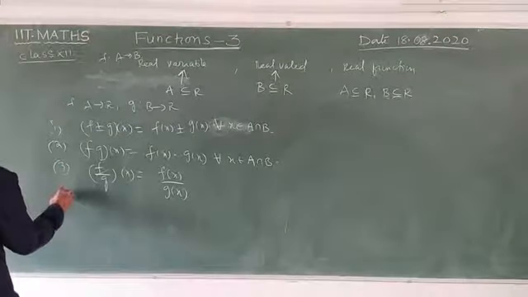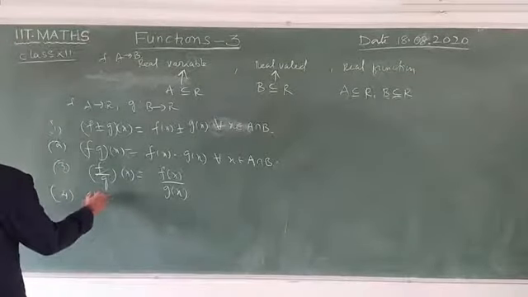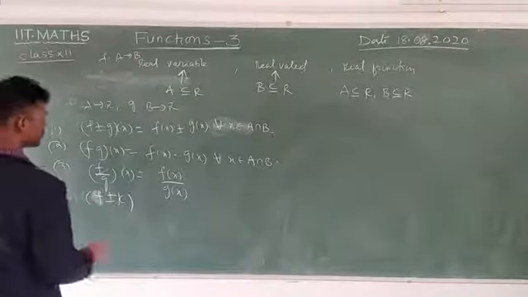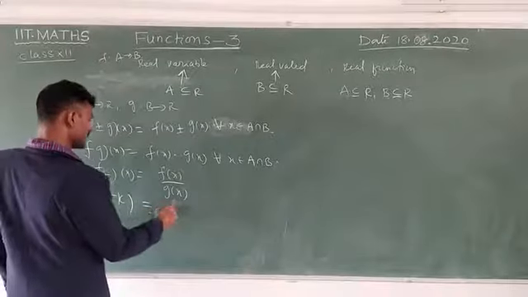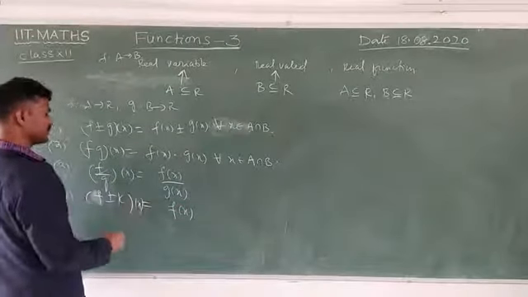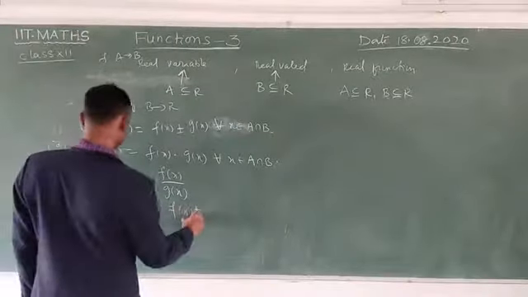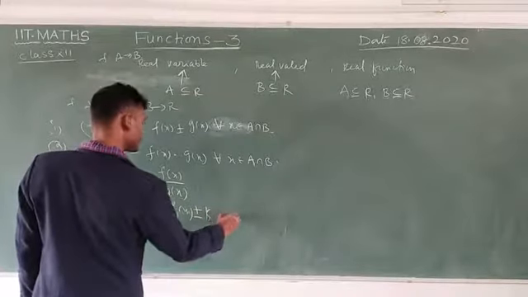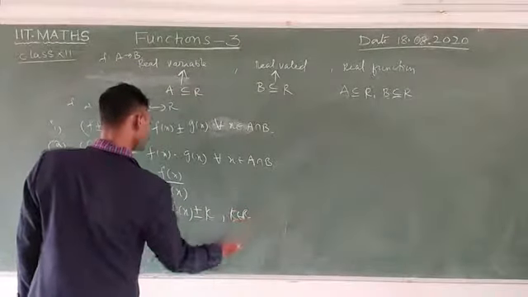Now the fourth one is a constant with a function, plus or minus a constant. That means f of x plus or minus a constant k, where k belongs to the real numbers.